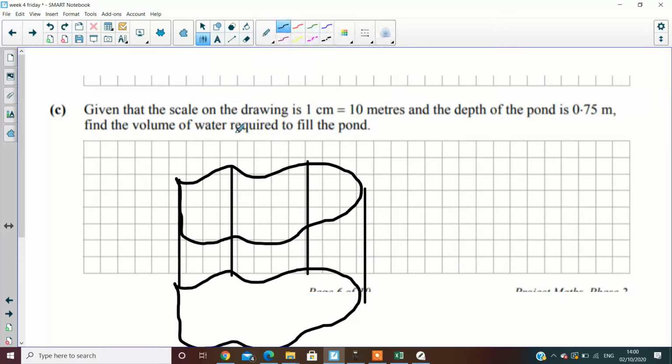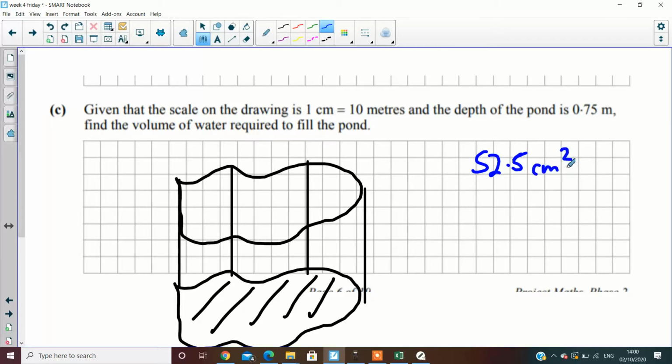So the first thing we know is, what do we know about our area of the face? What did we say? We got 52.5 what? Centimeters squared. Now here's what we have to do. How do you convert centimeters into meters, okay? So, if 1 centimeter is 10 meters, what's 1 centimeter squared going to be?